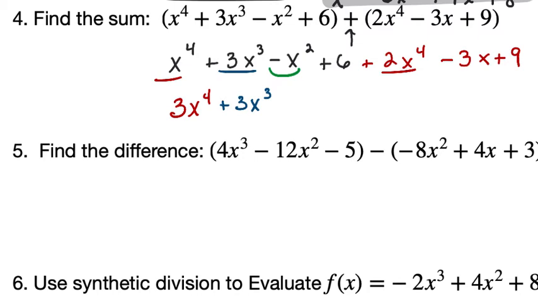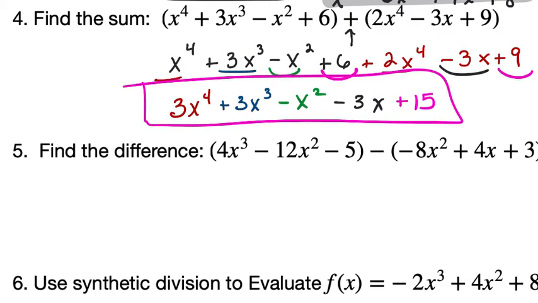Is there only one x squared in that? Yep, looks like it. Negative x squared. Oh, no. Yeah, there is. Then we got the x terms. That's minus 3x. And then lastly, we have this 6 and this 9, so that's plus 15. There we go. That's all we can do with that. Terms can only be added if they're like terms.